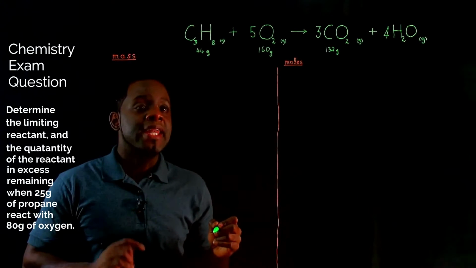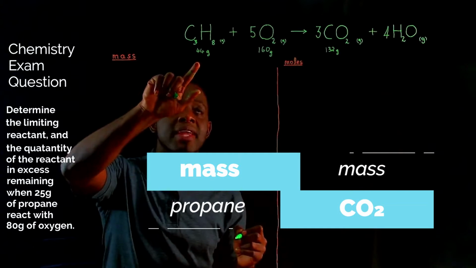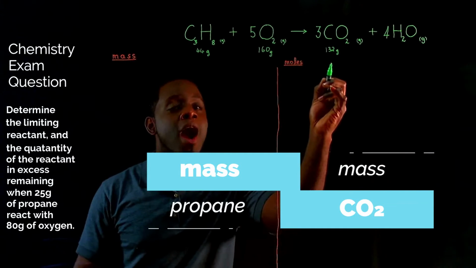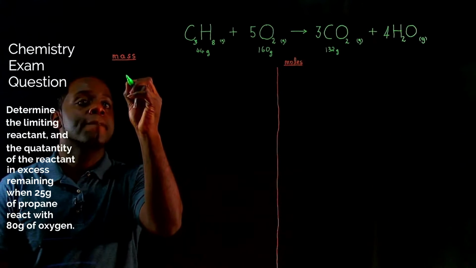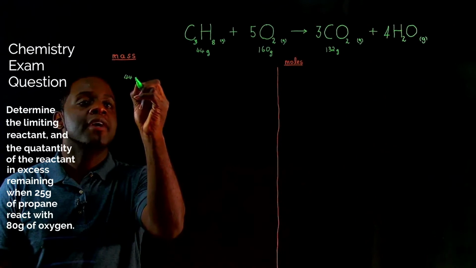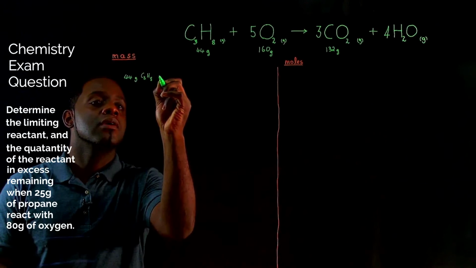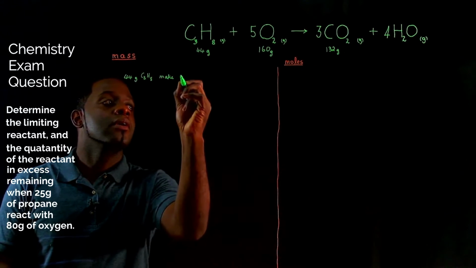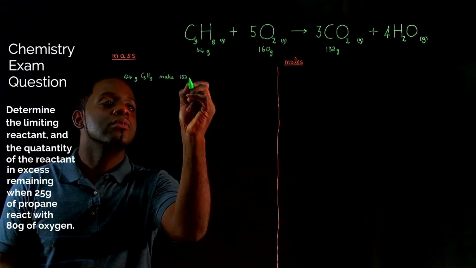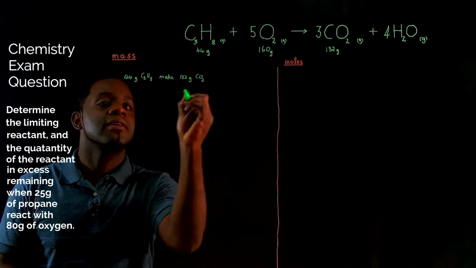So let's relate the mass of propane to the mass of carbon dioxide formed. Theoretically, 44 grams of propane make 132 grams of carbon dioxide.